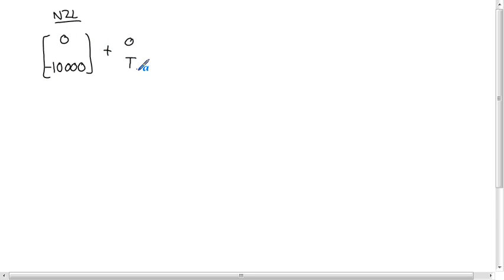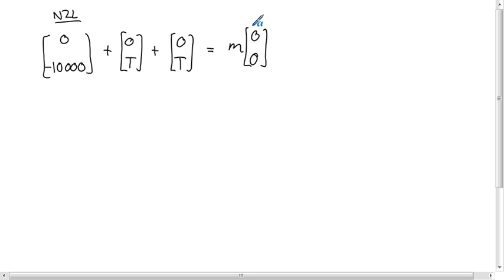So Newton's second law says 0, negative 10,000, plus 0t, plus 0t is equal to the mass times the acceleration. We'll assume, again, that it's not accelerating. We're just trying to figure out the force to hold it in place. So that is the mass times the acceleration of 0, 0.